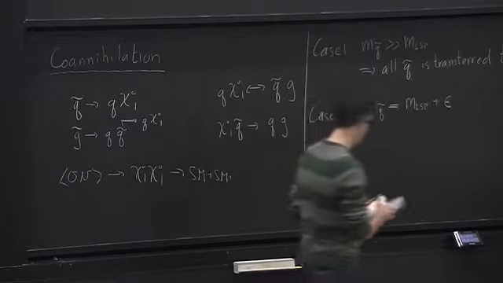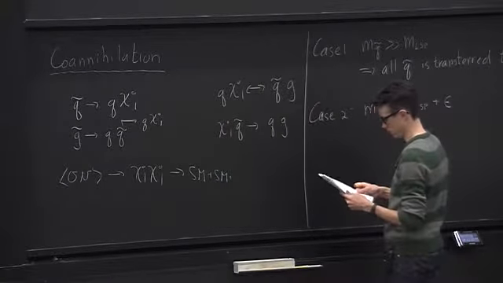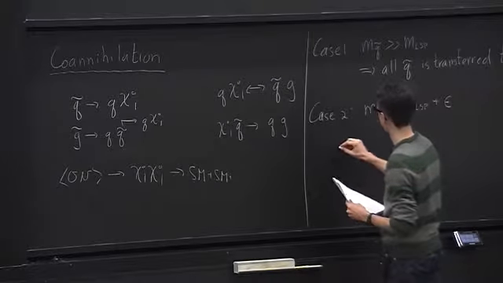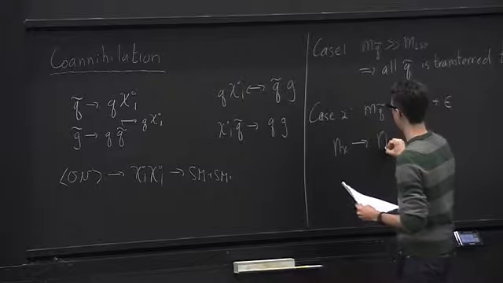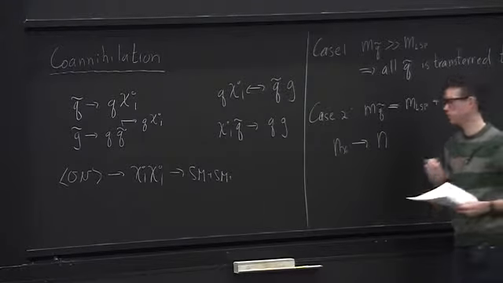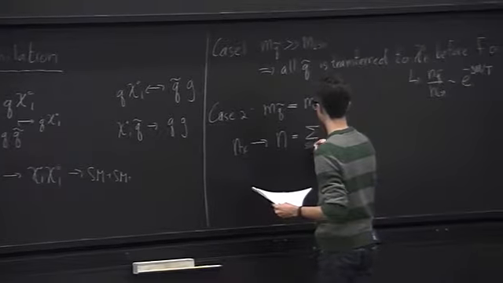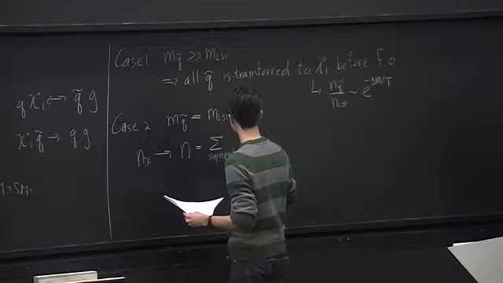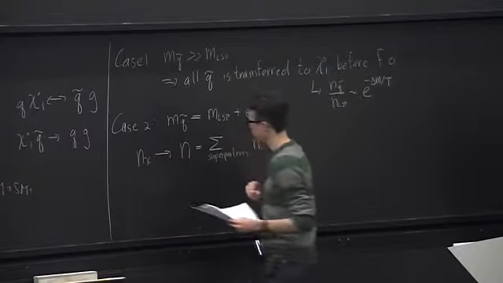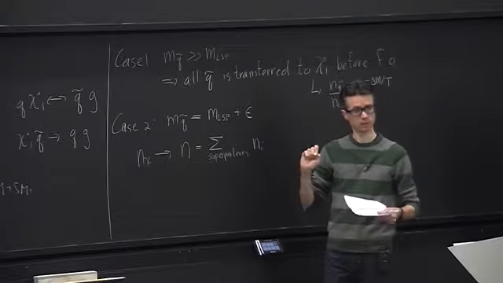So the way to account for this is that instead of just looking at n chi, instead use the total superpartner density. So I define n as a total sum of the densities of all the superpartners.